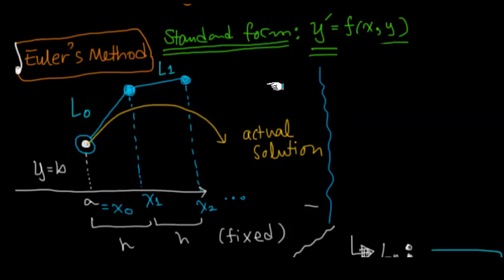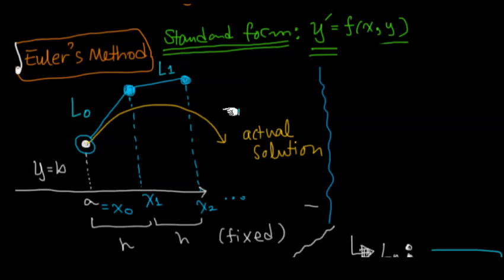Again, this slope is probably different from the actual slope on the actual solution. But we believe if you continue in that fashion with a small h, it's probably very close to the actual solution. Later in this video, I will show you the computer result of how close these two things are.